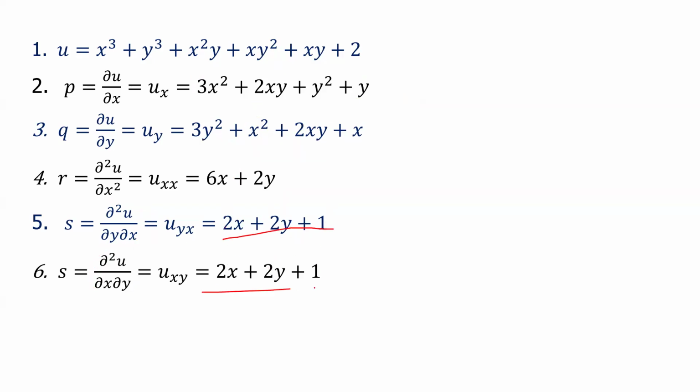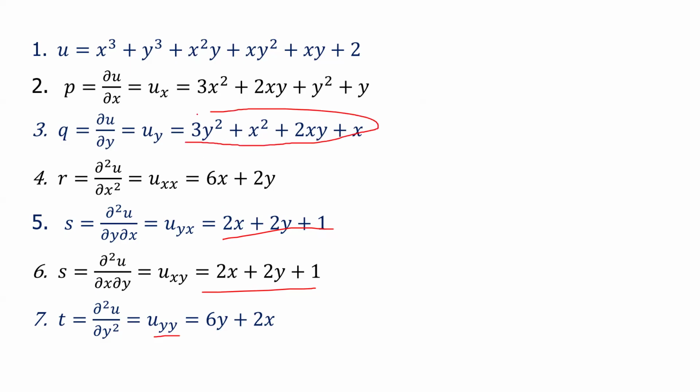And the last one, t, is equal to the second order partial derivative of u with respect to y, given as uyy, and we just differentiate this with respect to y. The derivative of 3y square is 3 into 2y, which is 6y. The derivative of x square with respect to y is 0. This is also 0. And here the derivative of y is 1, so we have just 2x.